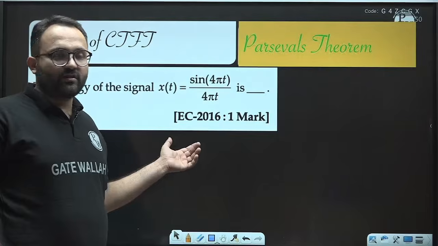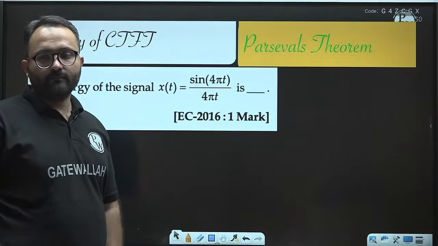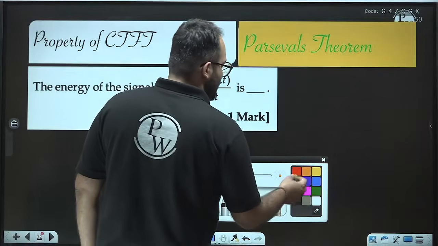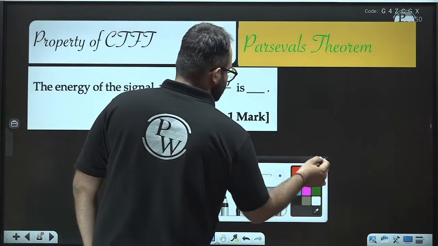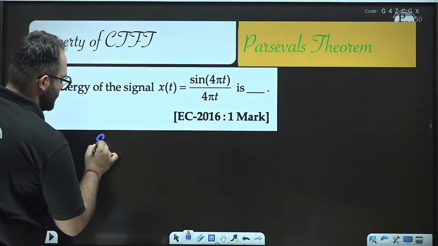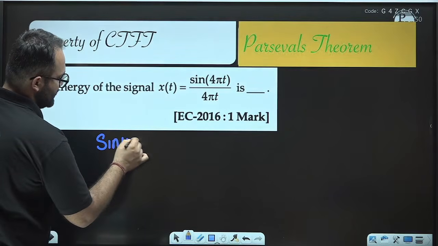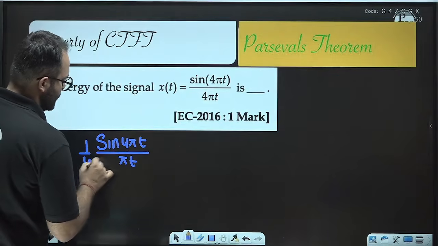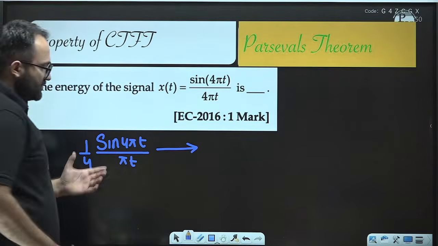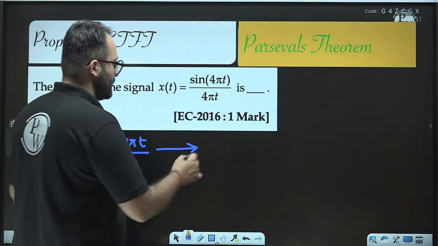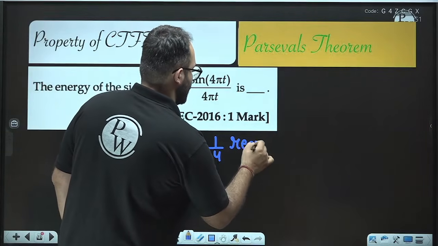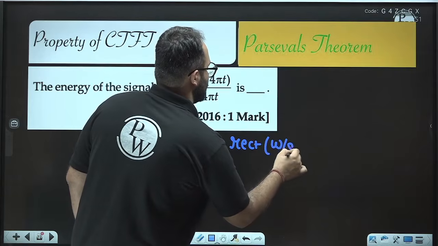This is an Electronics 2016 1 mark problem. Okay, so here we will use the Parseval's theorem. So if you remember, for sine of 4 pi t upon pi t, with 1 upon 4 as a constant, the Fourier transform is 1 upon 4 rect of omega upon 8 pi.